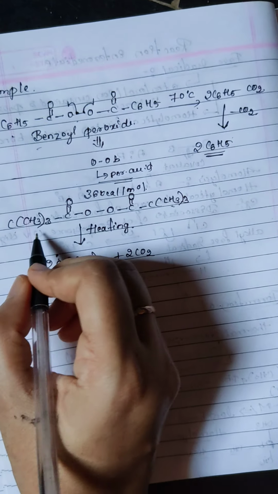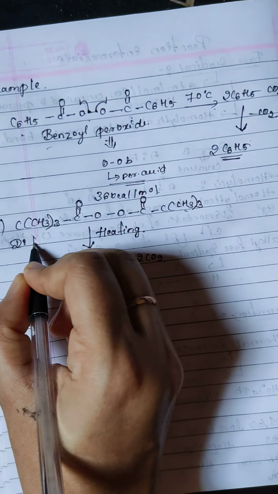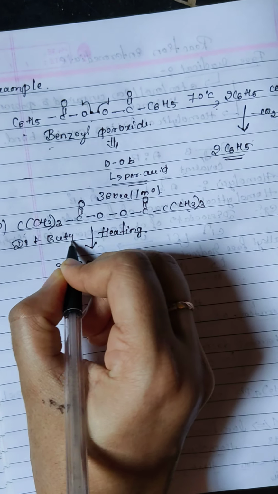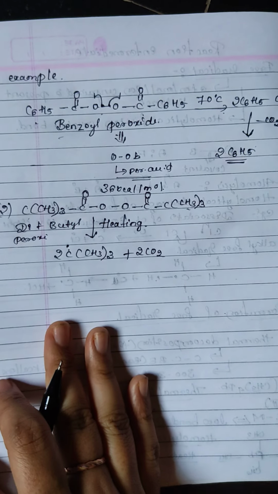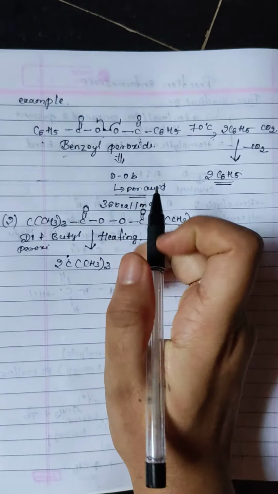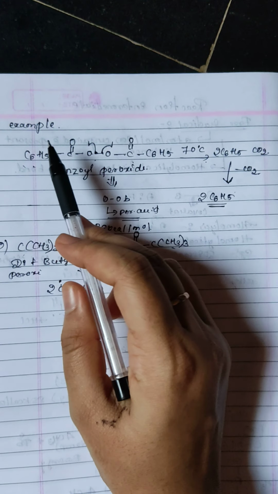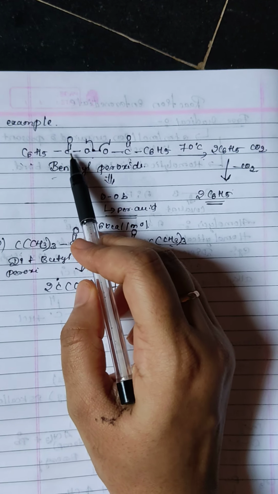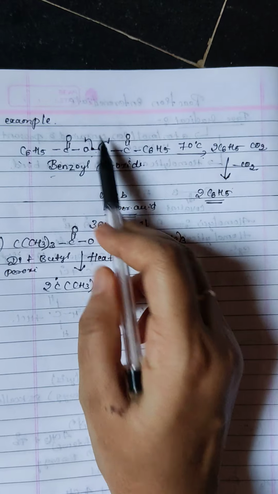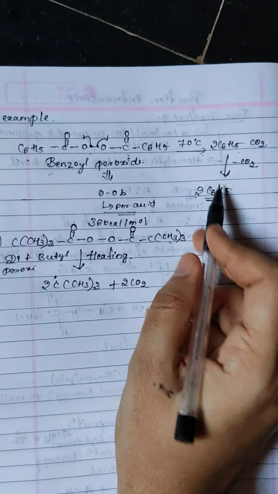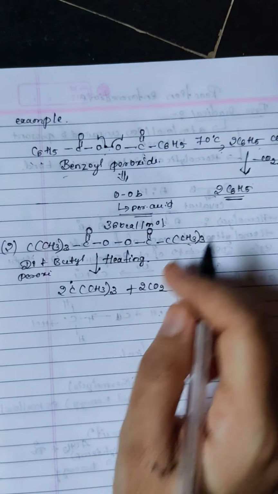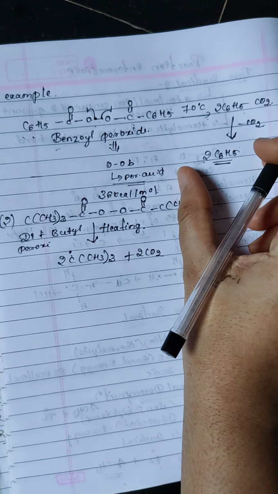What is the name for di-tert-butyl peroxide? Same procedure for that also: 2 C6H5 CO2 complex, okay, and they remove that CO2 bond, only that radical is possible.